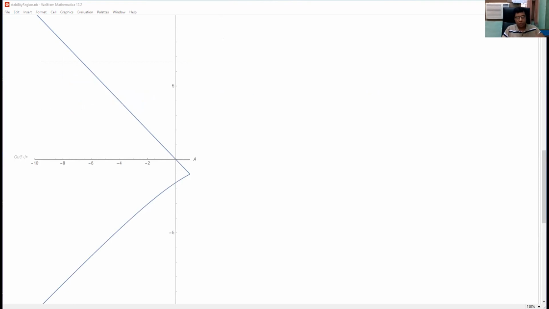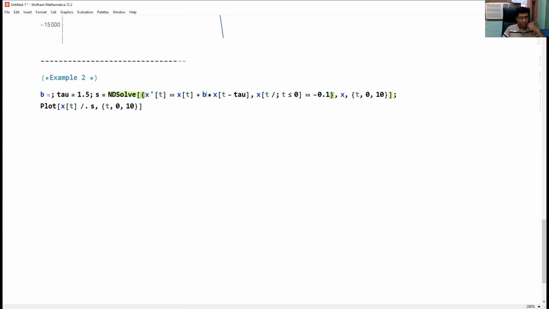Okay, so what we do, we consider greater than -1 means, let us take minus 0.5 for example. Let us take b equal to minus 0.5.